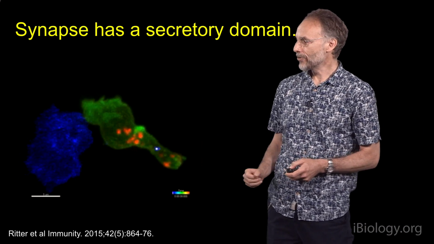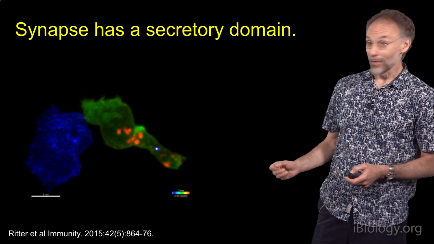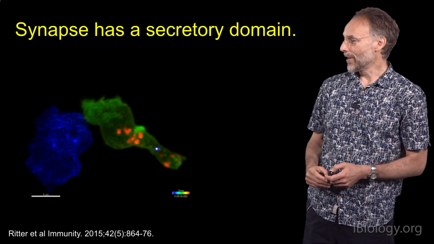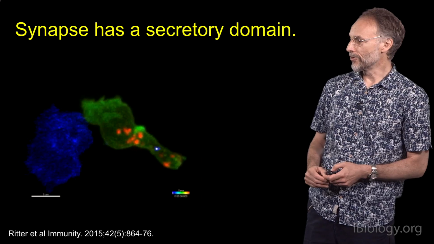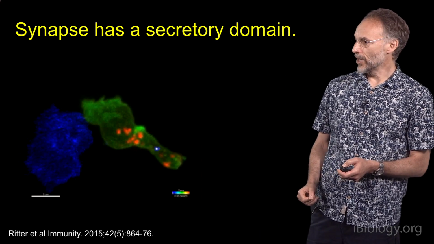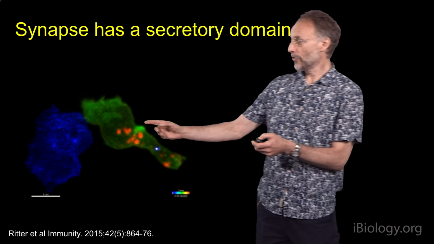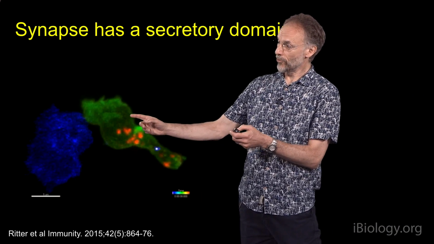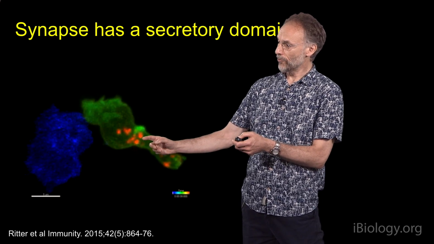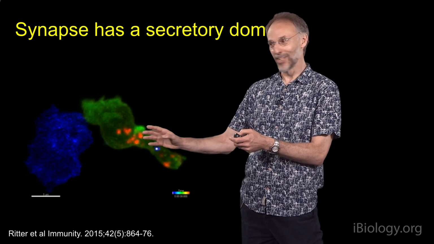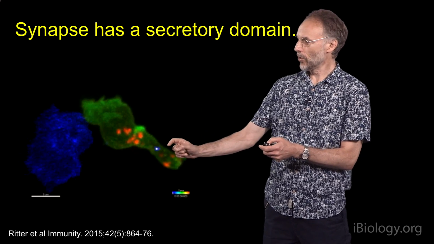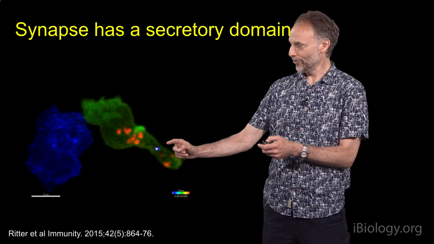And this is a fantastic movie done by a method called lattice light sheet microscopy, which was developed by Eric Betzig at Janelia Farm, and this Ritter et al. paper with Gillian Griffiths and Jennifer Lippincott-Schwartz beautifully shows T cells with a green fluorescent actin probe and orange markers of their cytolytic granules, which contain agents that will kill this target cell, and also the centriole, the microtubule organizing center, marked with this little dot here.